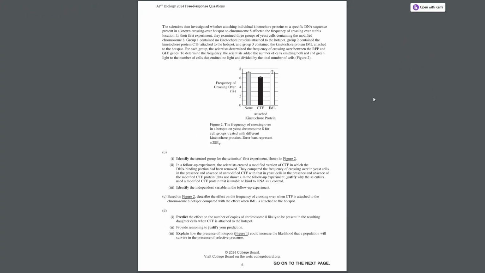So moving on to question B, the paragraph says, the scientists then investigated whether attaching individual kinetochore proteins to a specific DNA sequence present in a known crossing over hotspot on chromosome 8 affected the frequency of crossing over at this location.